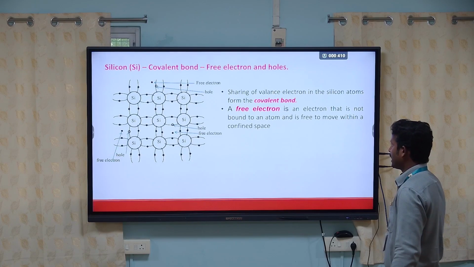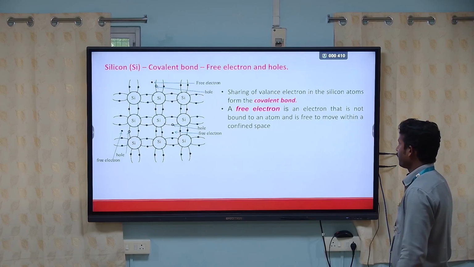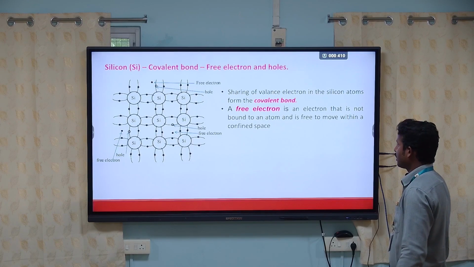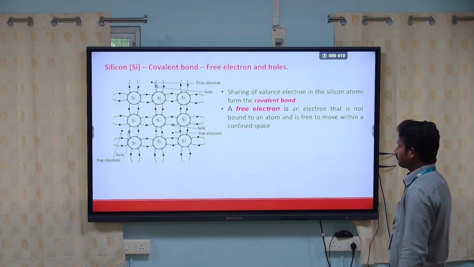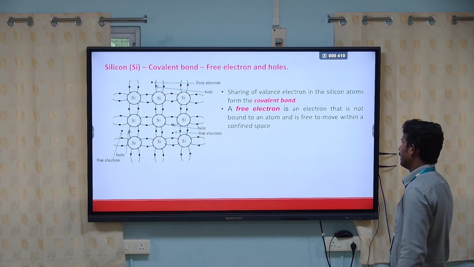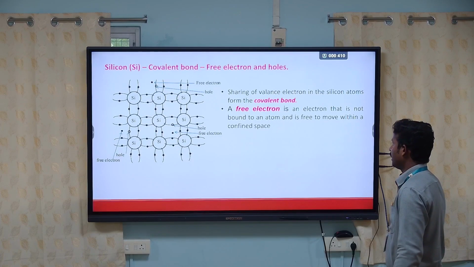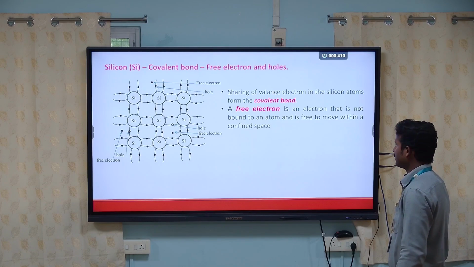By way of sharing valence electrons, the silicon atoms make covalent bonds. At absolute zero temperature, all the electrons in the silicon crystal are engaged in covalent bonds. So there are no free electrons inside the silicon crystal. In this condition, the semiconductor acts like an insulator.